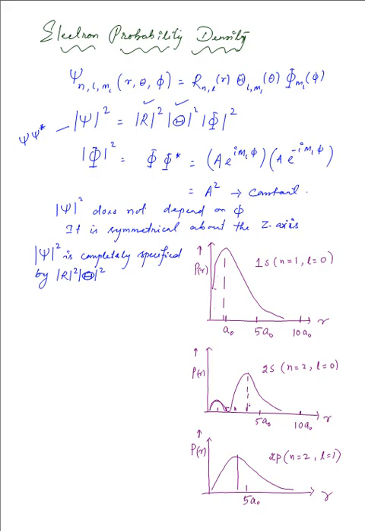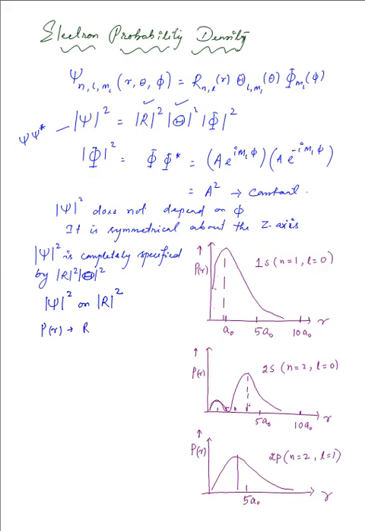First up, we are considering the dependence of psi squared on R squared. We define it as the radial probability density, and that is P(r).